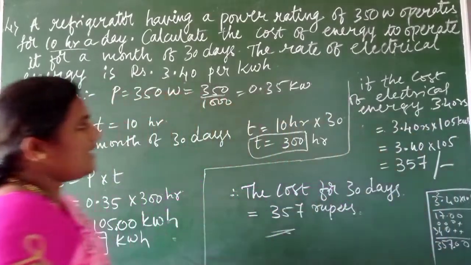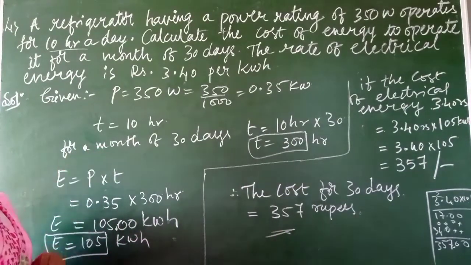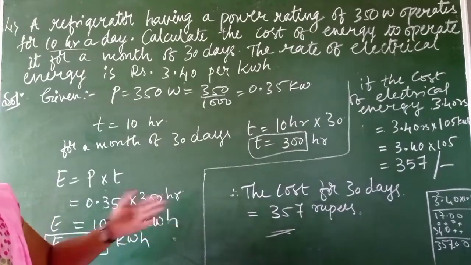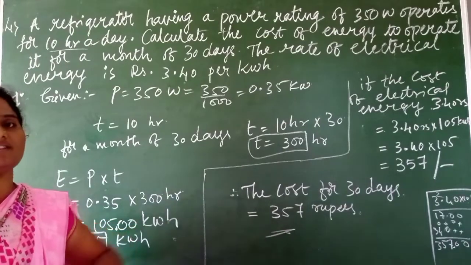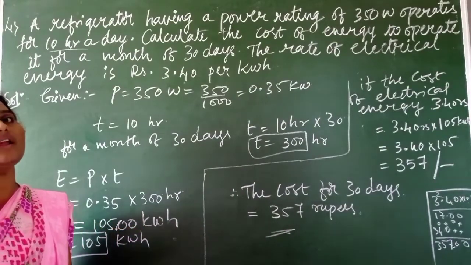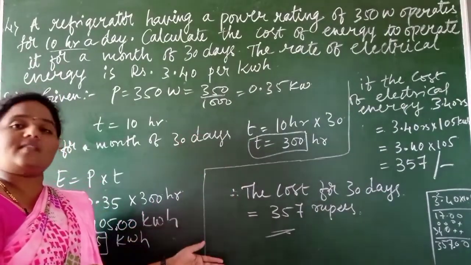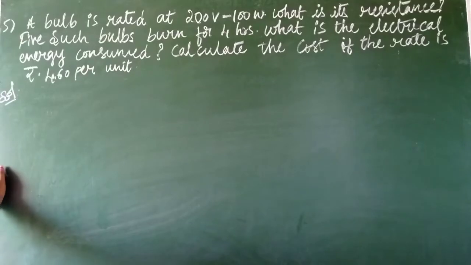Then for 30 days, that is the energy consumption, we multiply with the given rupees. Then we will get the cost for 30 days. That is 357 rupees, the cost of the energy used for a complete 30 days.